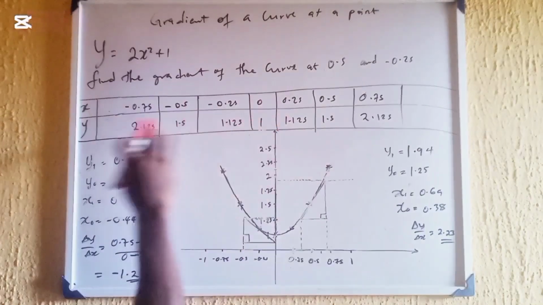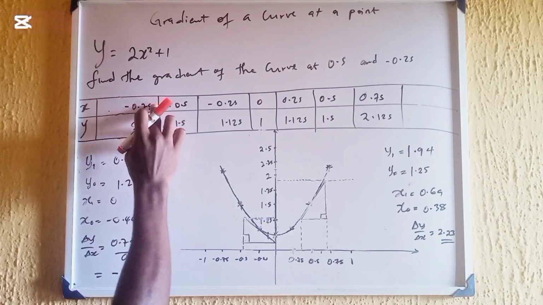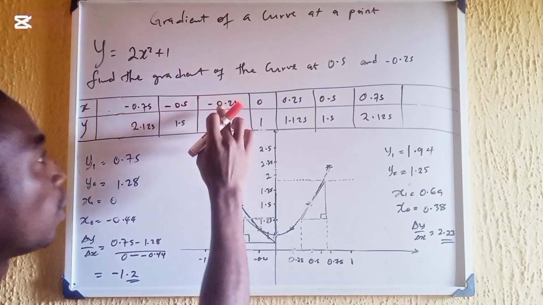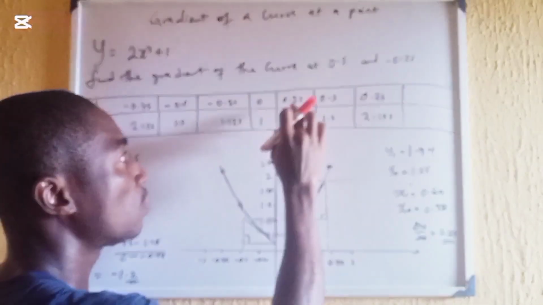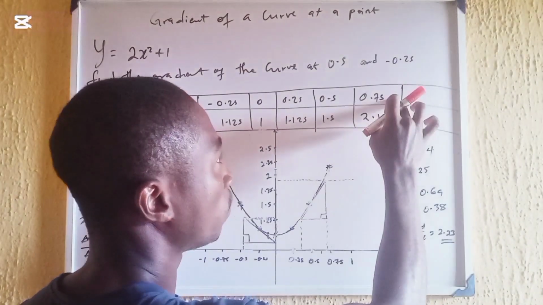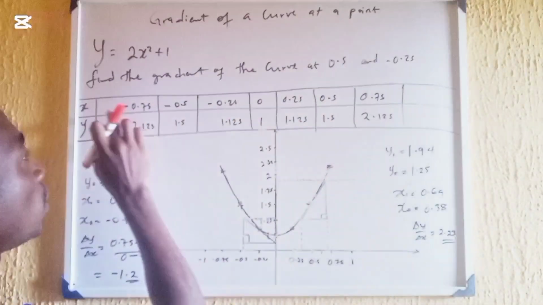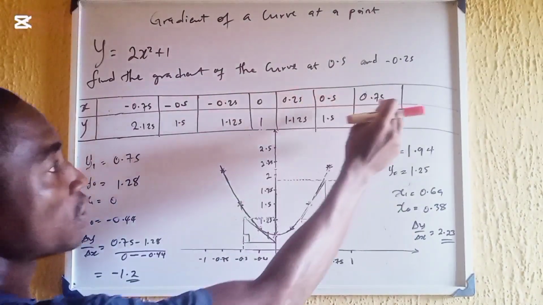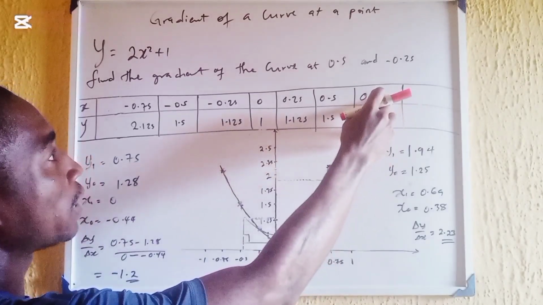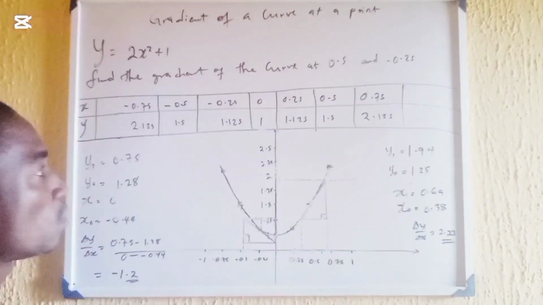We begin to plot. We have our x, we have our y. We have minus 0.75, minus 0.5, minus 0.25, 0, 0.25, 0.5, and 0.75. So I will pick this range of values for x, that's from minus 0.75 to 0.75, so that we can capture this value 0.5 and minus 0.25.